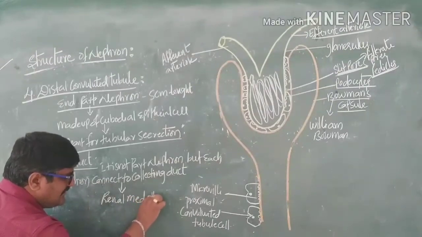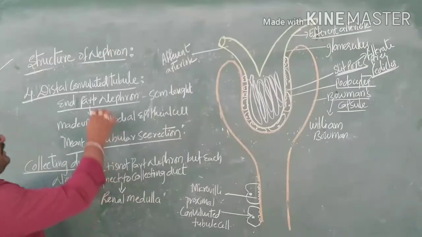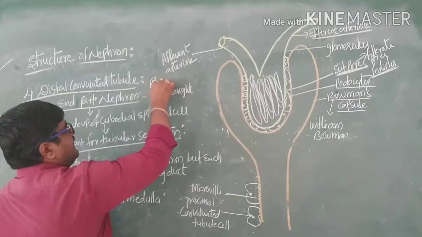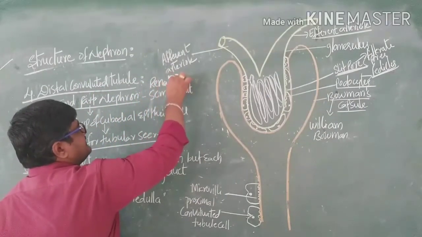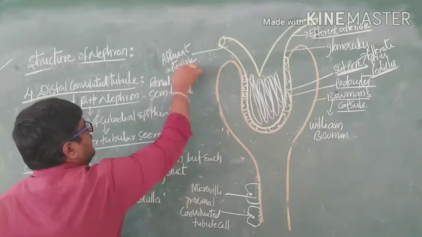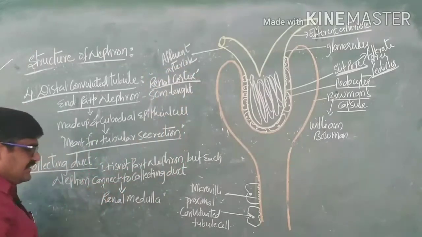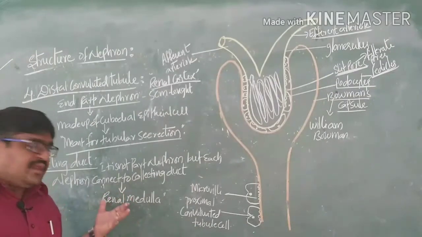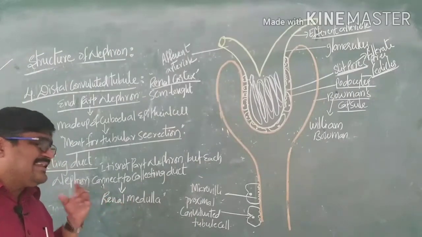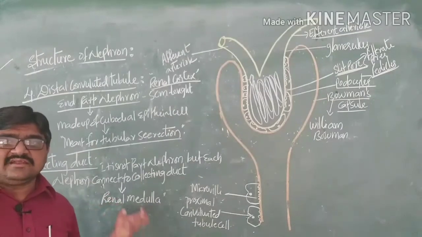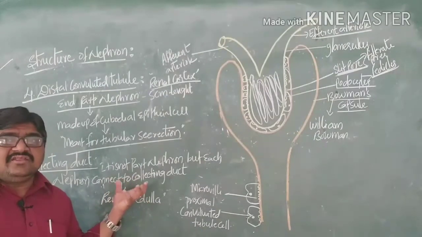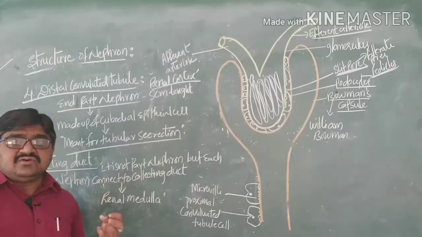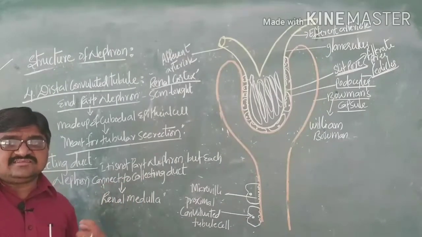The proximal and distal convoluted tubules are present in the renal cortex, and the collecting duct is a straight tube present in the renal medulla, where all the nephrons are connected to it. As the name indicates, it collects all the waste materials secreted by the kidneys.